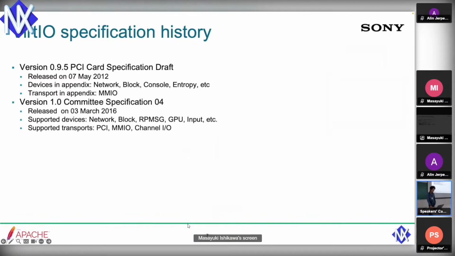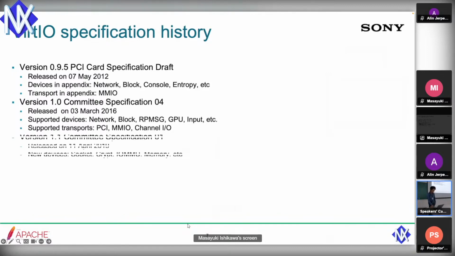In this version, some device types, such as network and block, were officially supported. Regarding transports, PCI, MMIO, and channel IO are officially supported. Here, channel IO is used for IBM mainframe machines, which I've never used before. In 2019, version 1.1 was released. In this version, some device types such as socket, crypto, and IOMMU were newly added.